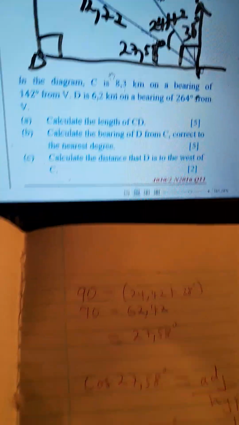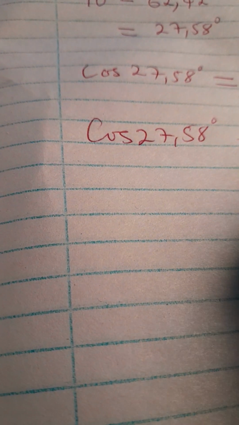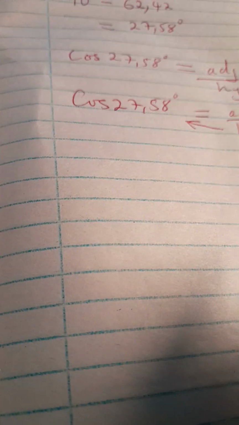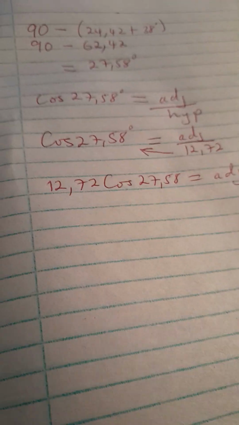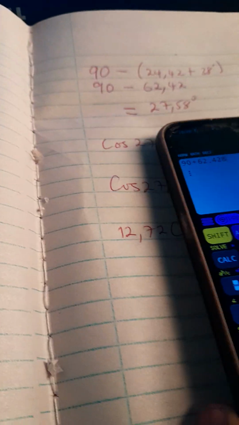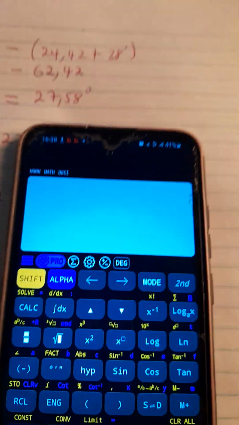The hypotenuse is 12.72. Then we cross multiply here like this. Then we say 12.72 cos 27.58 is equivalent to our adjacent, right? Then we now punch it in a calculator.